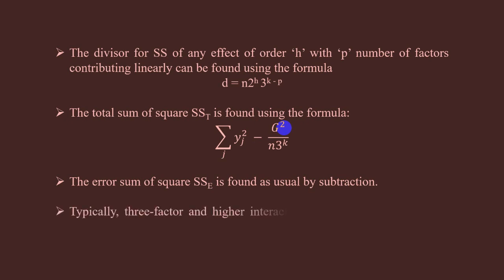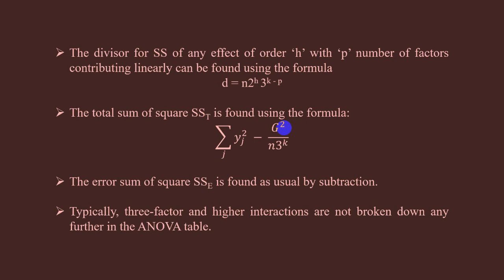Typically, 3-factor and higher interactions are not broken down any further in the ANOVA table, because it is very much likely that 3-factor and higher interactions will not be significant, or their components may not be of interest. So using this information we can construct the ANOVA table, because we discussed the computation of sum of squares and degrees of freedom.